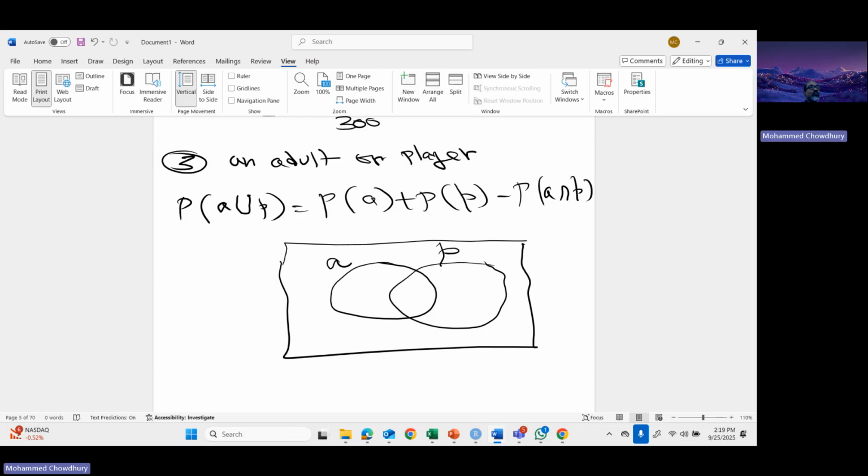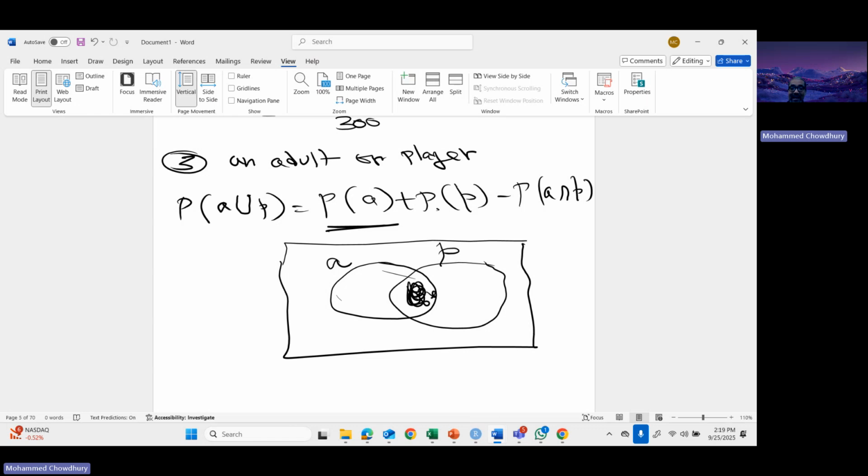Take a look at the board, please. When you write adult, you are writing this entire thing, right? So this part is coming once in here. When you write player, this part is again coming in here, right?